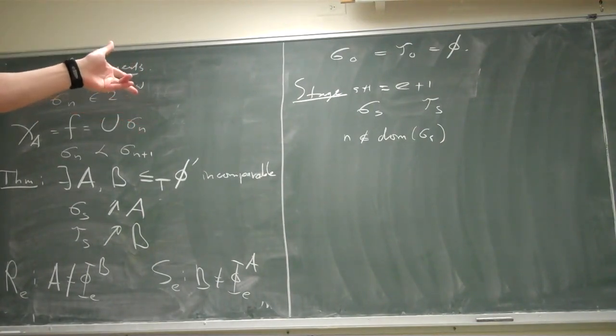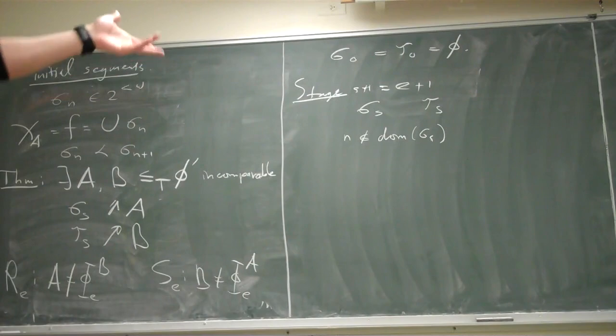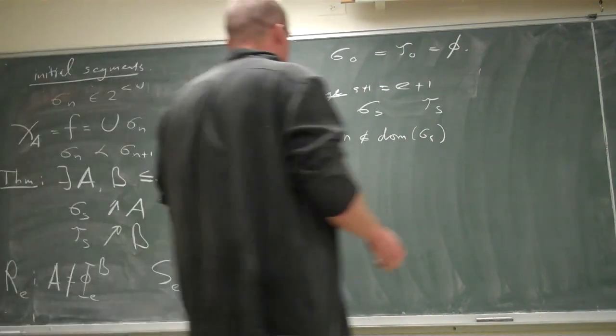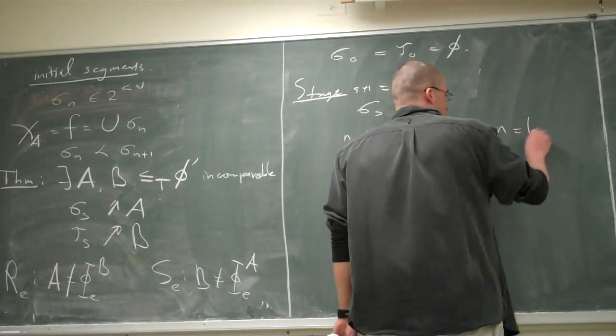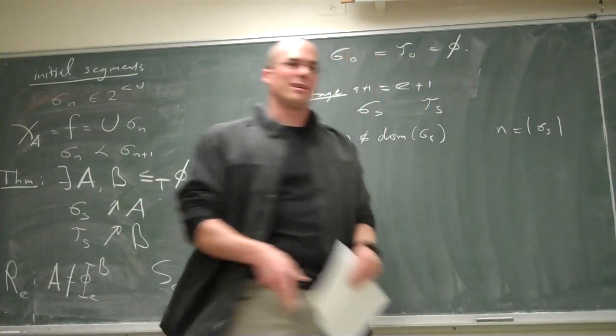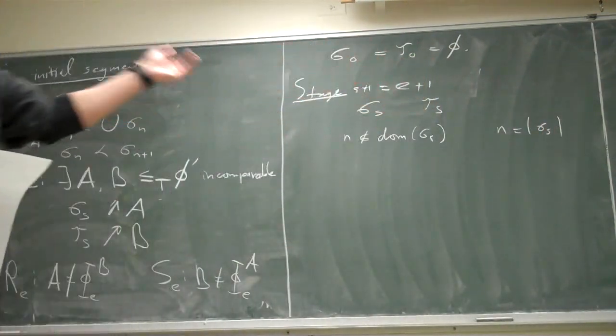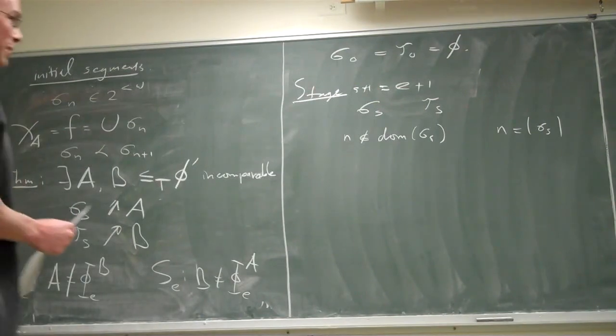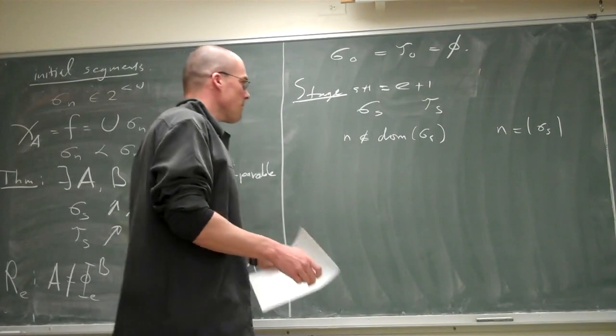This n is one you can still make up your mind about. And you can choose the least one. If you want to be specific about it, we just choose the length of the segment. That's the first one which is not in the domain, and you have a place where you can still make up your mind.